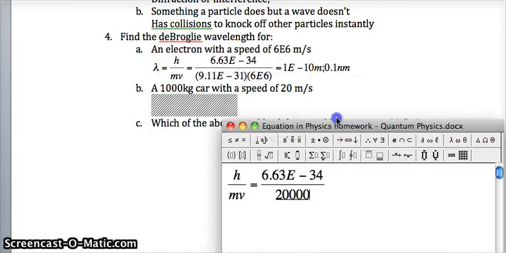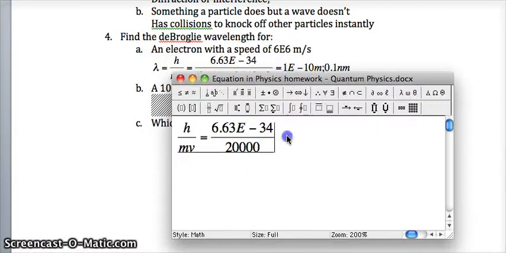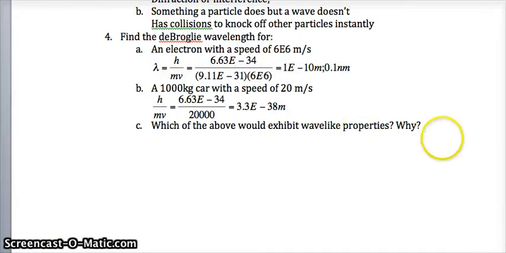That's right, a 2 with 4 zeros. So that gives us 3.3 times 10 to the negative 38. That's a tiny, tiny, tiny wavelength, so nothing exhibits wave properties like that.